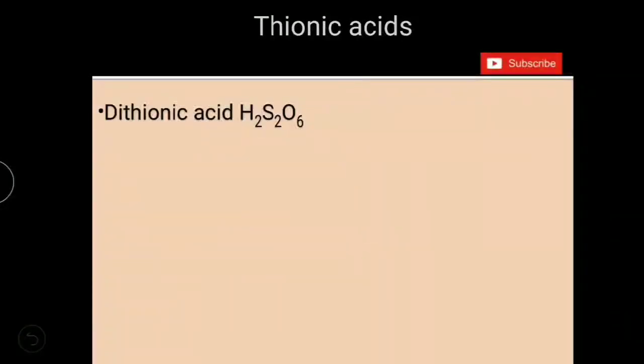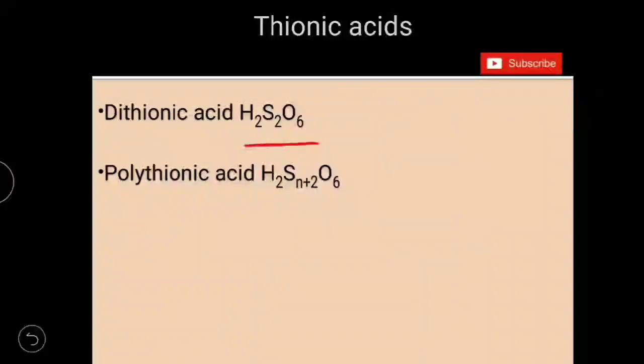Next, come to thionic acid series, which has dithionic acid, formula is H2S2O6, and polythionic acid H2SnO6. Dithionic acid formula H2S2O6, which has one oxygen less than pyrosulfuric acid.